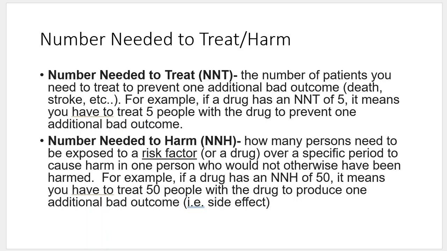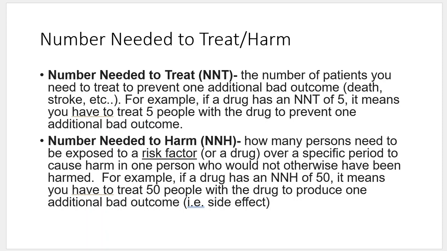And the number needed to harm is the mirror image of that. If they're exposed to a risk factor, how many people do you have to expose to know that at least one has been harmed? So if a drug has an NNH of 50, it means you have to treat 50 people to produce that bad outcome. That is the side effect.